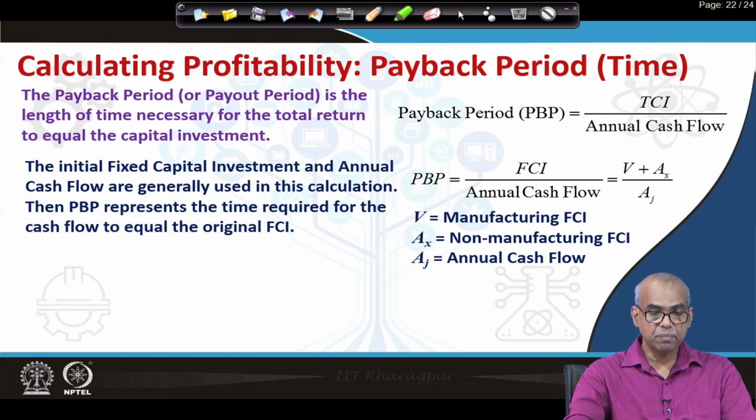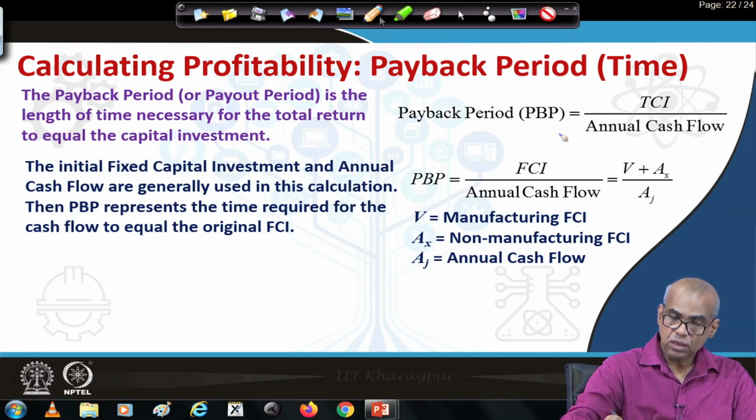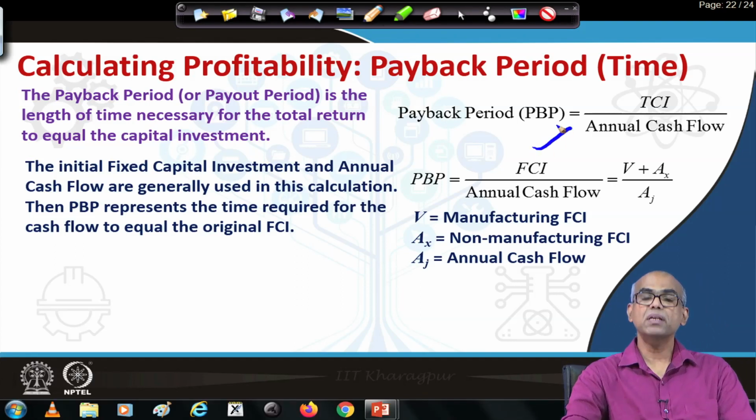The initial fixed capital investment and the annual cash flow are generally used in these calculations. So, the payback period is often expressed as fixed capital investment divided by annual cash flow. So, the payback period represents the time required for the cash flow to equal the original fixed capital investment according to this definition.